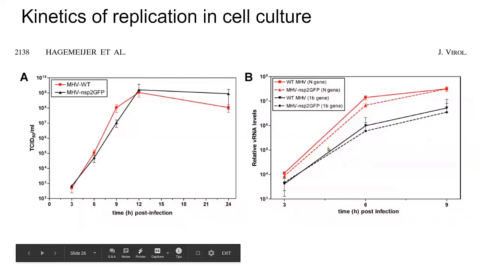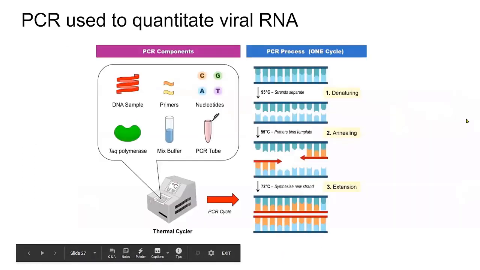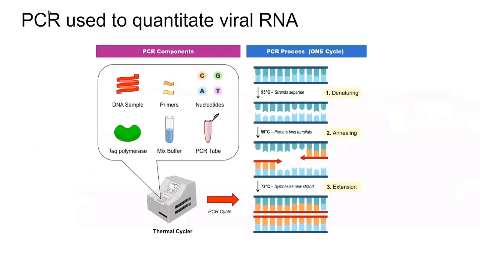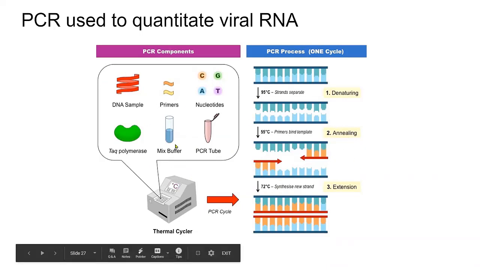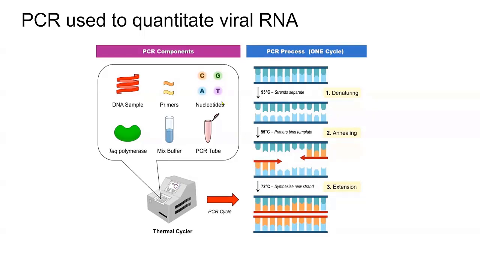The second graph, they were measuring the RNA itself. So if you saw my webinar on PCR, polymerase chain reaction, that's how they do that too. How they quantitate how much virus is there with PCR. And if you didn't see that, then I'm not going to try to explain it, but it's a machine, and you put the right things in, and it tells you the amount of viral RNA that's in your sample.